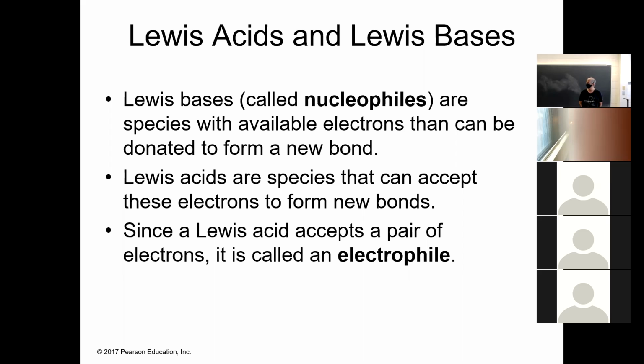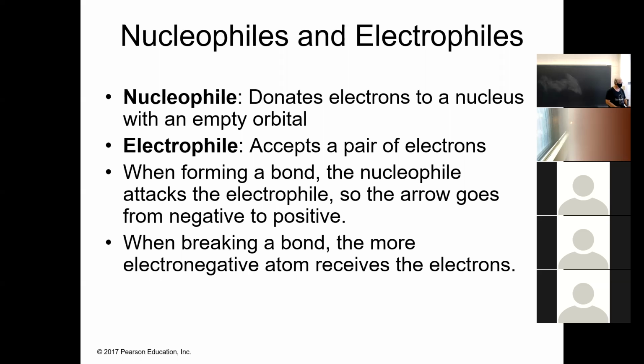Since the Lewis acid accepts a pair of electrons, it's called an electrophile. So a nucleophile donates electrons to a nucleus with an empty orbital. An electrophile accepts a pair of electrons.